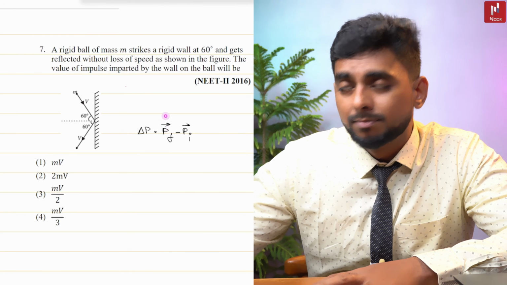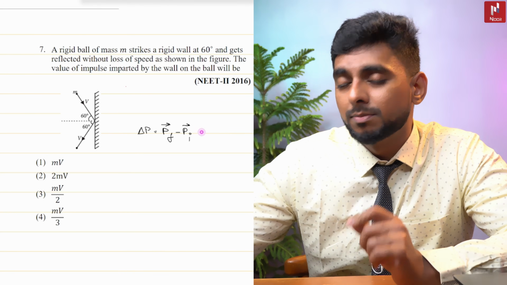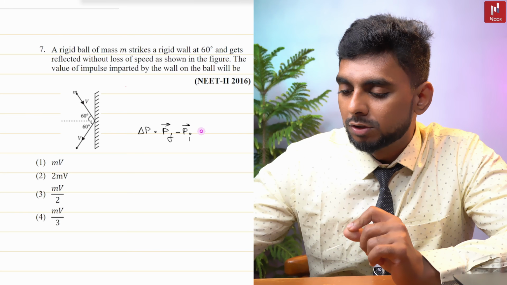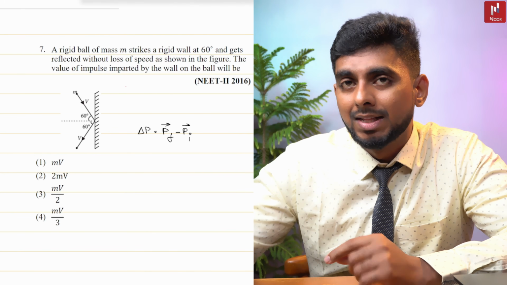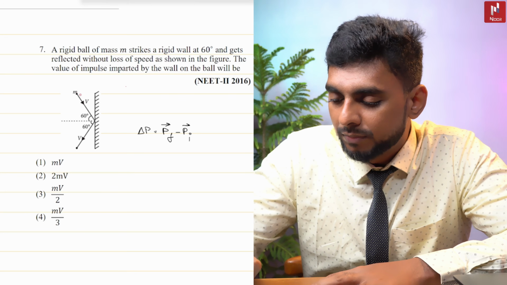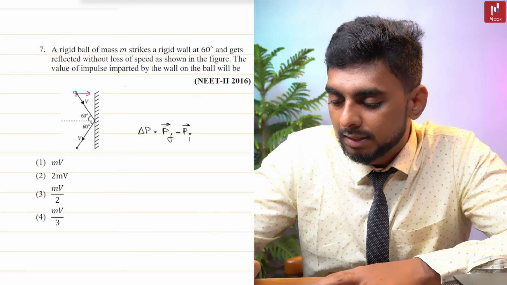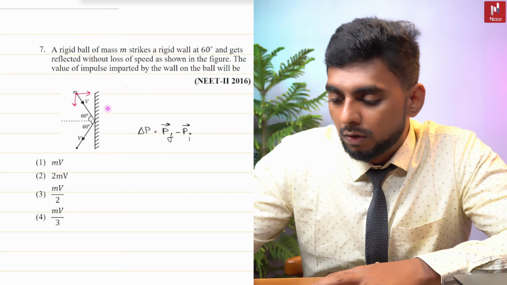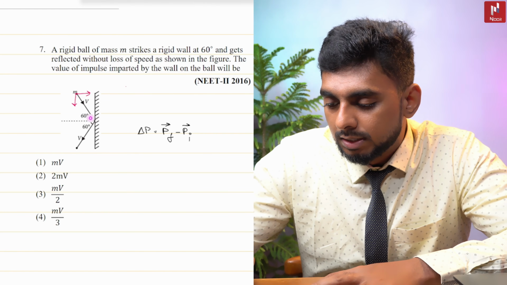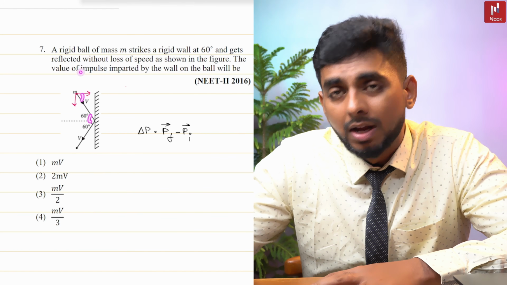Fine. To get the vectorial representation of the momentum, I'll have to split the velocity into two components, along the x and along the y. Let me split it this way. This will be my x and this will be my y. If you look at the angle, it is pretty obvious. These two are alternate angles, right?